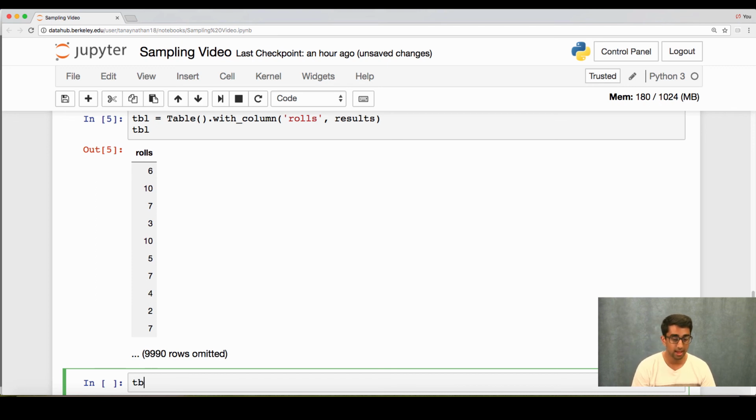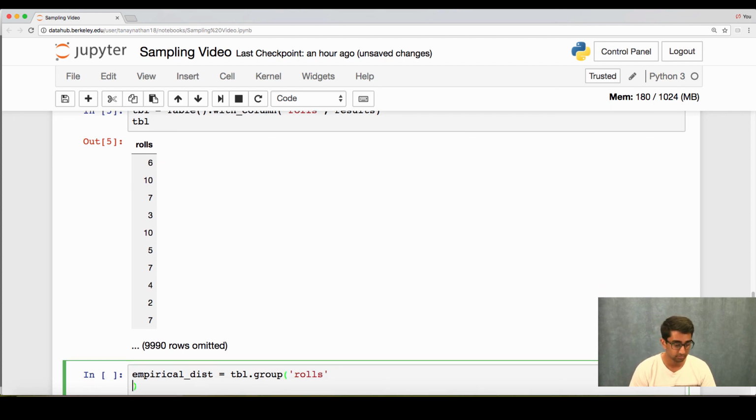Now, what we want to do is count the number of times each roll exists, because our empirical distribution has to be very close, which means we want to find the number of counts in each situation. So let's call this empirical dist, and let's group by the number of rolls we have and show all of the rolls.